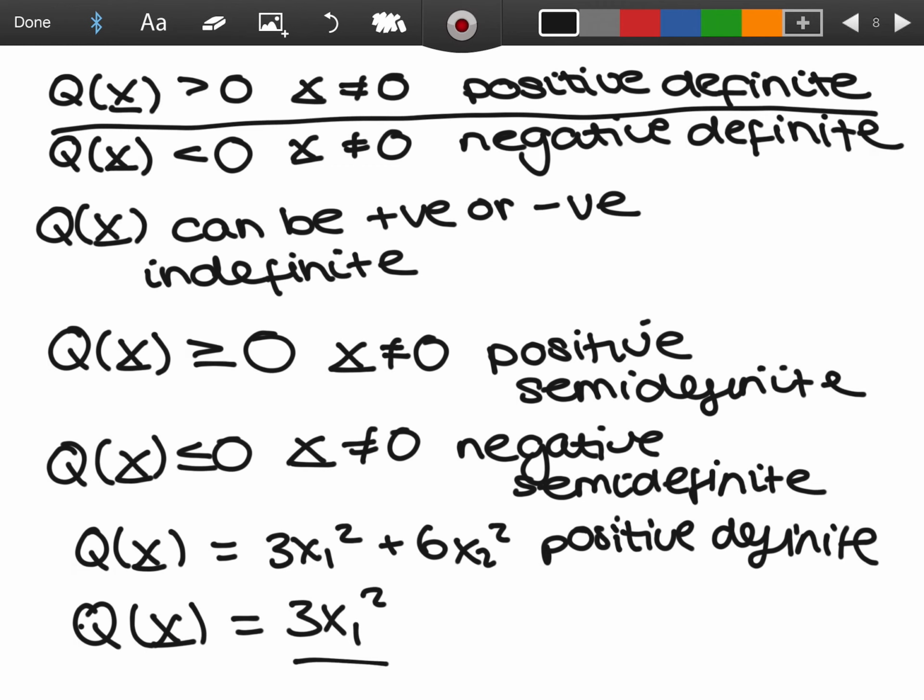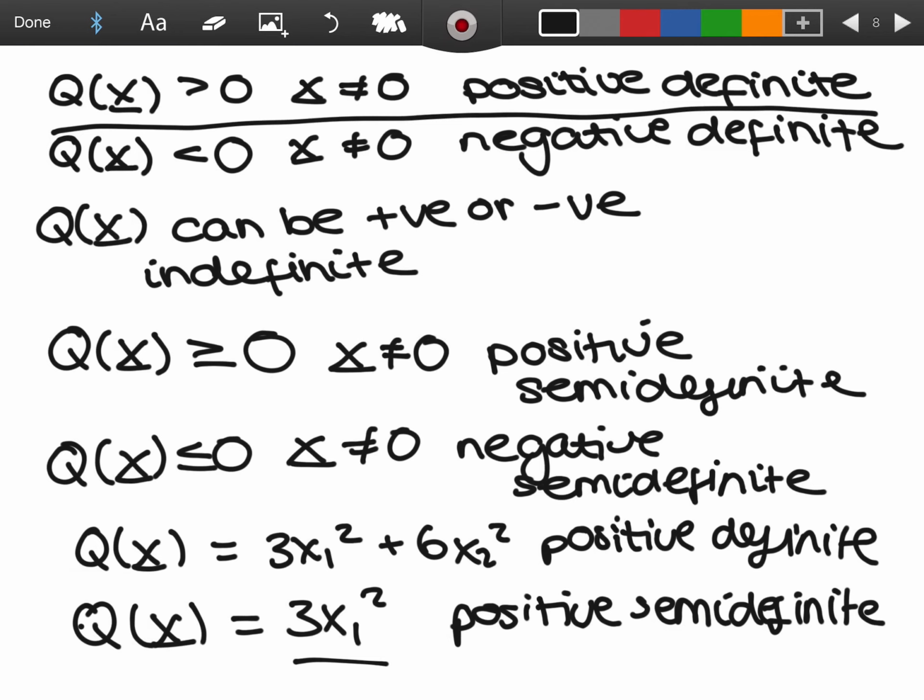But for any other x1 and x2, this thing is always going to be greater than 0. So this is positive semi-definite. So that's the difference between the two. Normally you'll find that one of the xi's is actually not in the quadratic form, even though you've got a two-dimensional x here, only one of the xi's comes up.